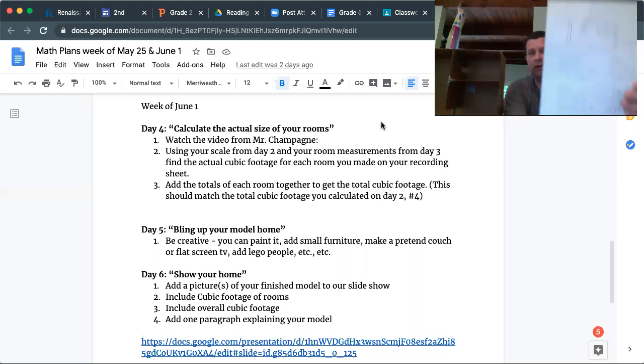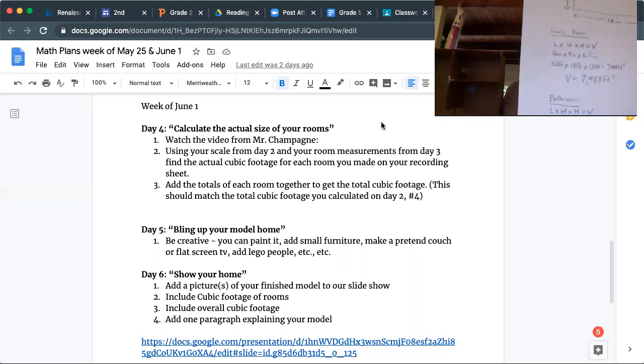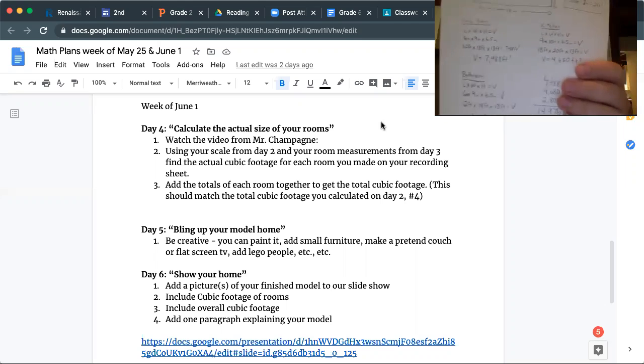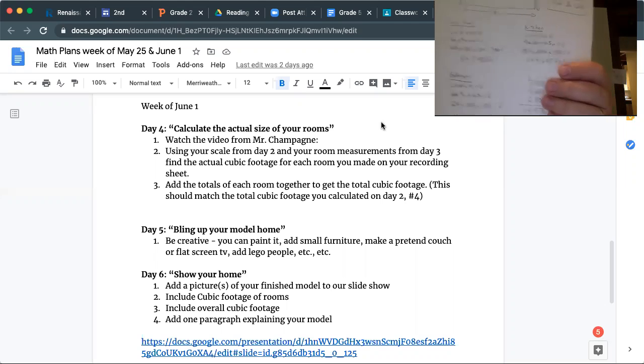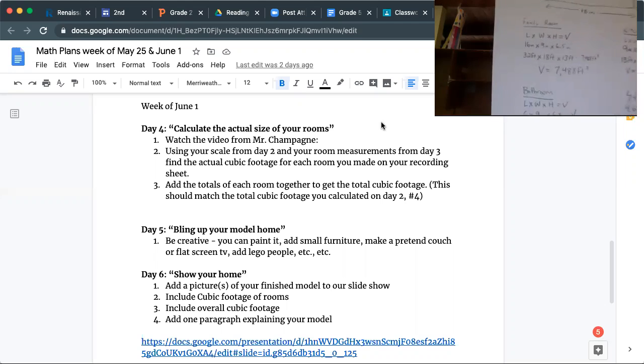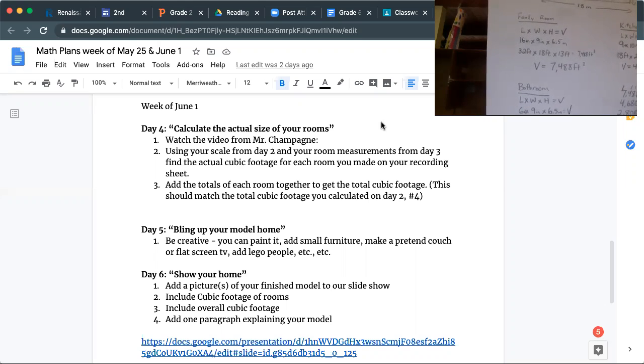If you look at my family room, I write the formula each time: bathroom formula, family room formula, kitchen formula. I had 16 inches by 9 inches by 6.5 inches. All I had to do is double it. That is 1 inch equals 2 feet, so 16 inches equals 32 feet. 9 inches times 2 is 18, and 6.5 times 2 is 13.